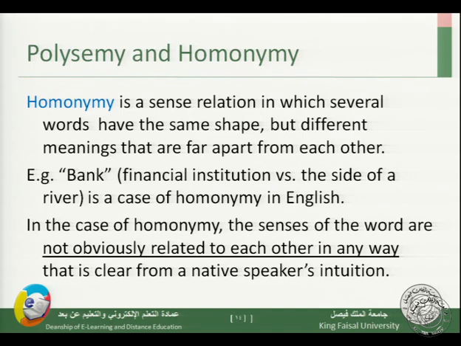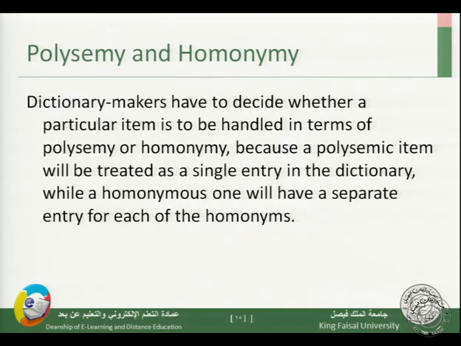And of course, as we said, in this case, the senses of the words are not obviously related to each other in any way. This is clear to native speakers, and native-like speakers as well are able to tell that there is really nothing related between the two words, and so we look at them as homonyms.